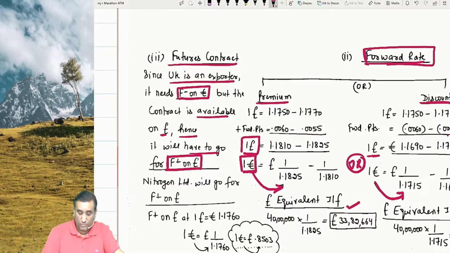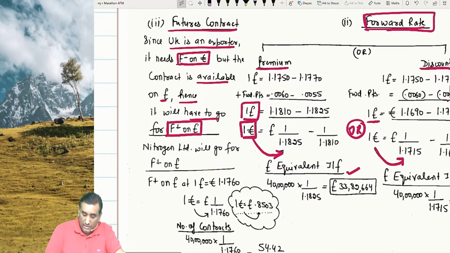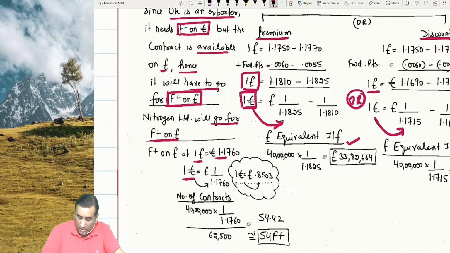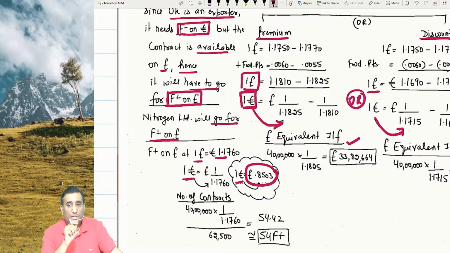Hence, for what? Pound. It will go for F pound. 1 pound is this, the promise done to you. What? One gives you how much? 5. What was the cash market rate? Forward rate 1 point.